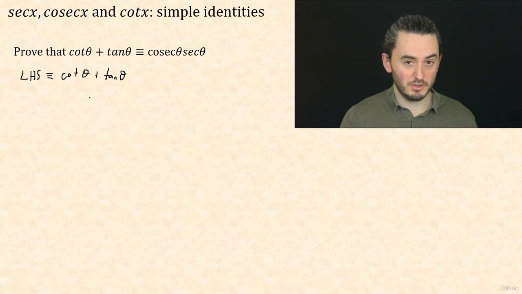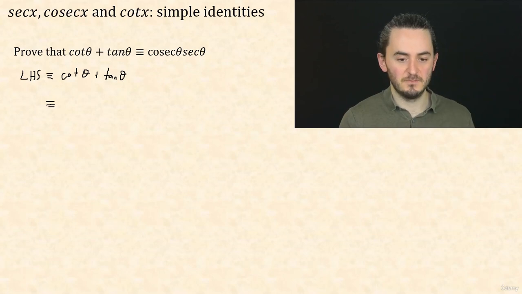And the structure of your argument should be that you now work down the page, each time just equal or identical to, until you've got the right-hand side. What you should not engage in is moving things around, like don't subtract tan from both sides, any of that sort of thing. It's all too easy to end up in a mess if we start treating this like an equation that we are solving.